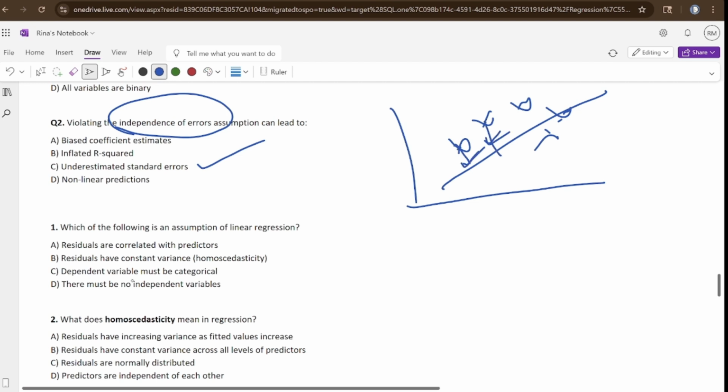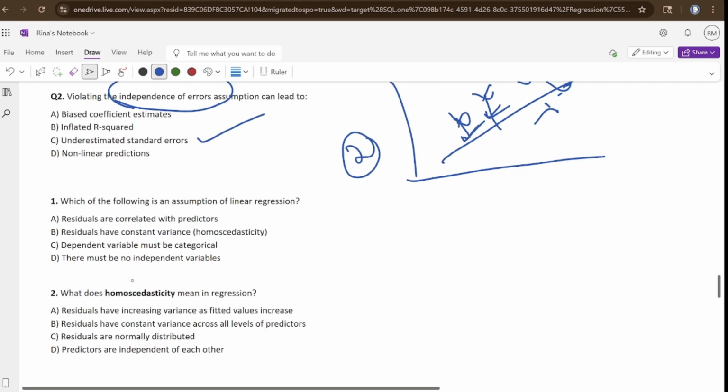Or I can say that if you are trying to predict the bus delays of every day of the week, the residuals from Monday should not affect the residuals for Tuesday. So this is called independence of error. This is also an assumption.